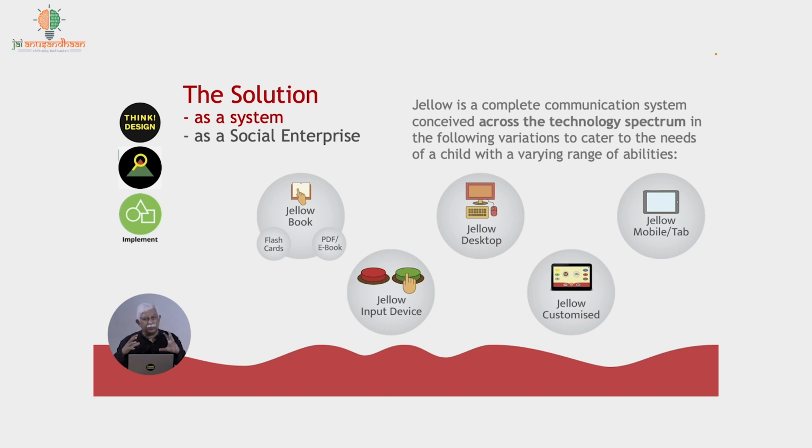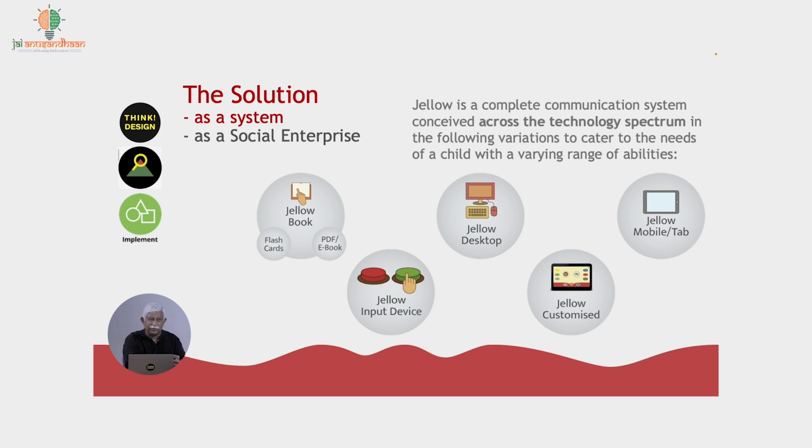Okay, so this is what got implemented finally as a system. Okay, and it was also working towards a social enterprise. That's how it exists right now. Okay, so you can see that you can get Jellow as a book. That means that you can download them as cards.